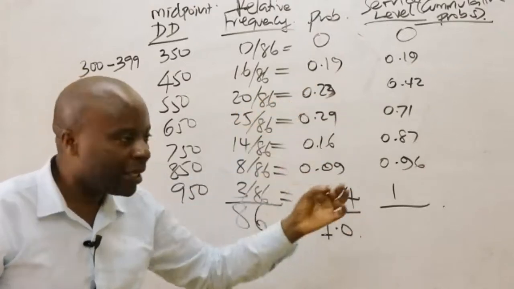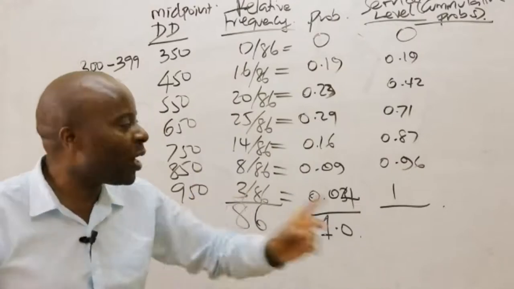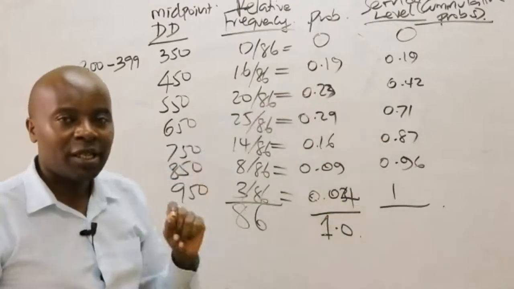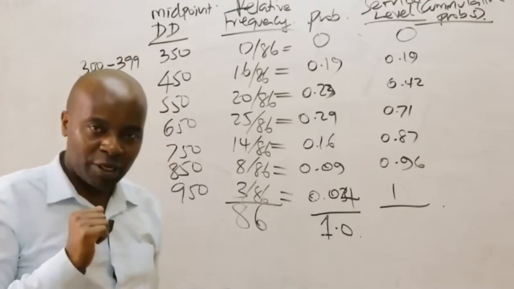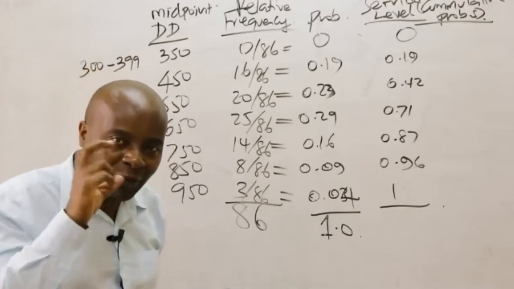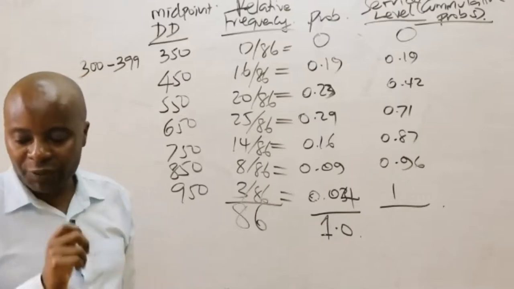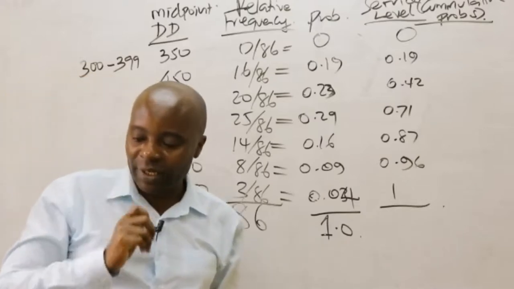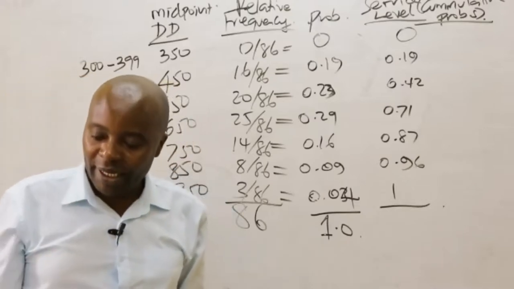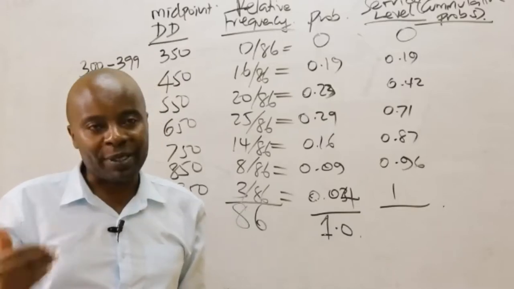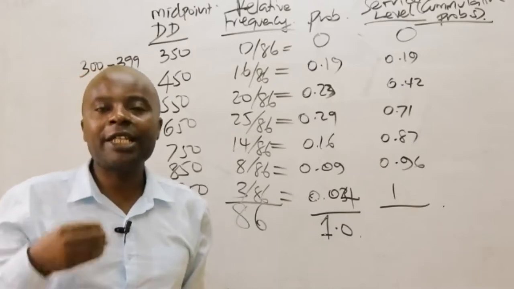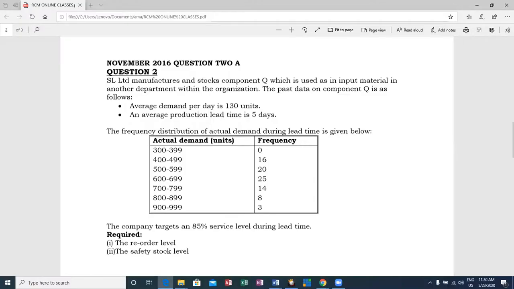But remember that this company does not want any of these service levels. The company wants a specific service level. The targeted service level, they've told us there, is that the company targets an 85% service level. 85% is the same as 0.85.